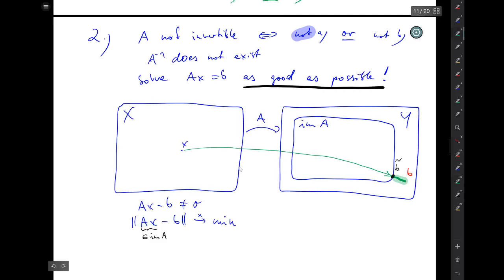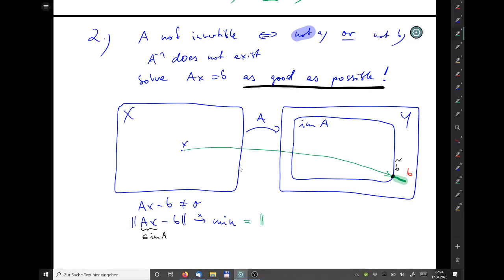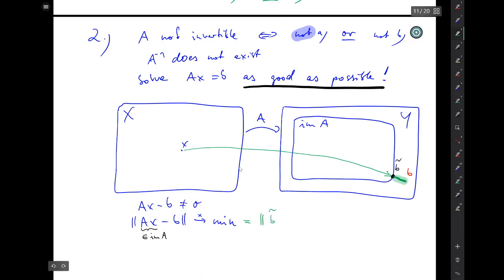You want to lead this to a minimum, and the minimum is just the length of b tilde minus b, because this is now your Ax. Okay, so that's the approach for loss of property (a). So when (a) is not fulfilled, then that's what you do.